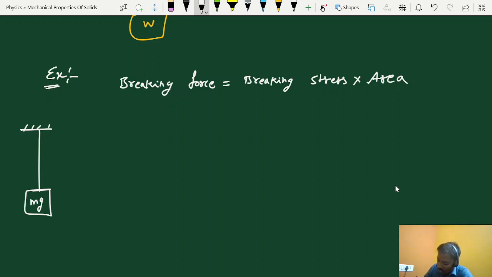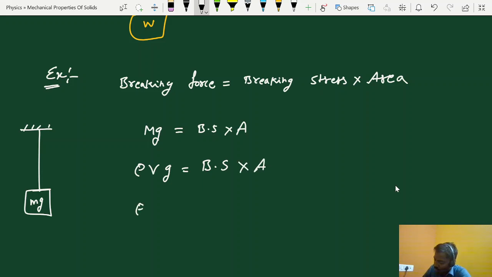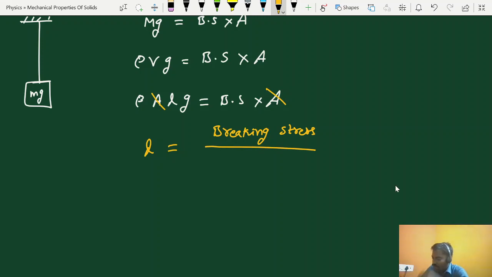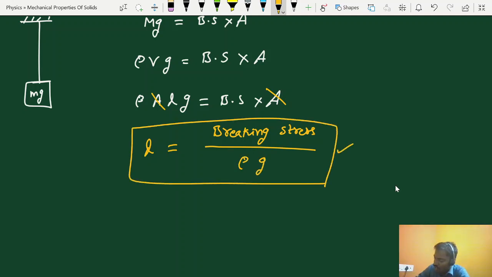The breaking force is the weight of this object, that is mg, equal to breaking stress into area. Mass can be written as density into volume, and volume can be written as area into length. Here the area term will cancel. The required maximum length that a wire can have when it is experiencing breaking stress is equal to breaking stress by density into acceleration due to gravity.